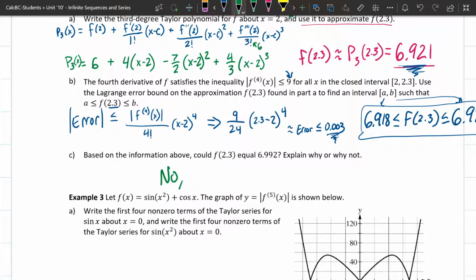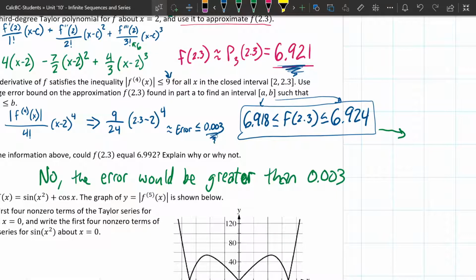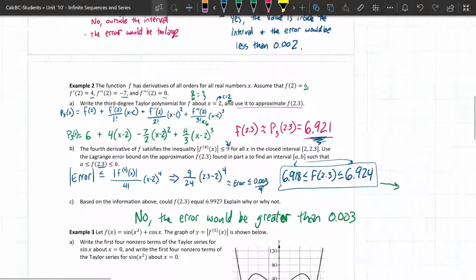So no. The error would have to be greater than 0.003. That one's too big.